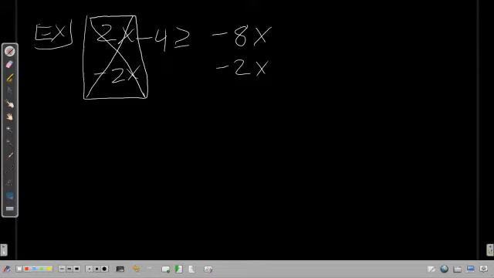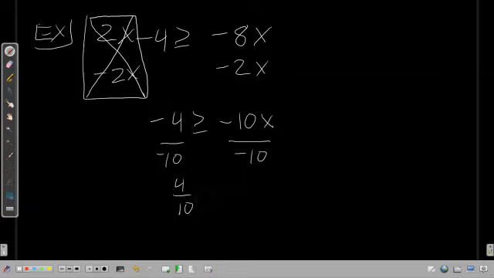I can see what I'm left with. It would say minus 4 bigger than or equal to minus 10x. And then you would divide by the minus 10 on both sides. And because the negatives cancel, you'd have that 4 over 10 bigger than or equal to x.